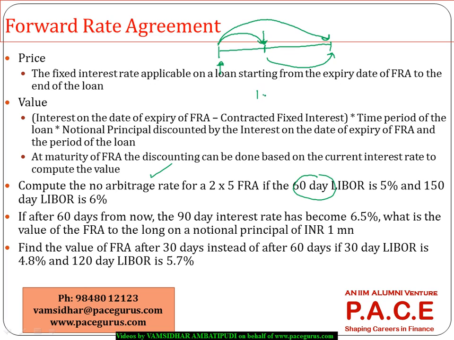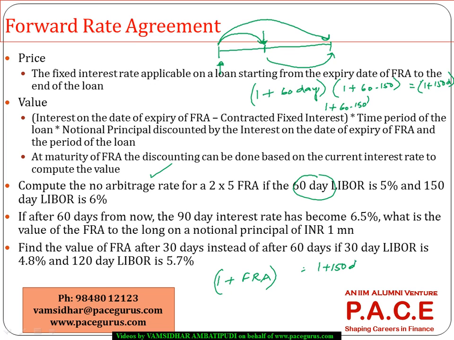So basically it's 1 plus the 60-day rate, multiplied by 1 plus the 60 to 150-day rate, should be equal to 1 plus the 150-day rate. If I want 1 plus the 60 to 150-day rate, that is the FRA. So I can write it as 1 plus FRA rate equals 1 plus 150-day rate, divided by 1 plus 60-day rate.